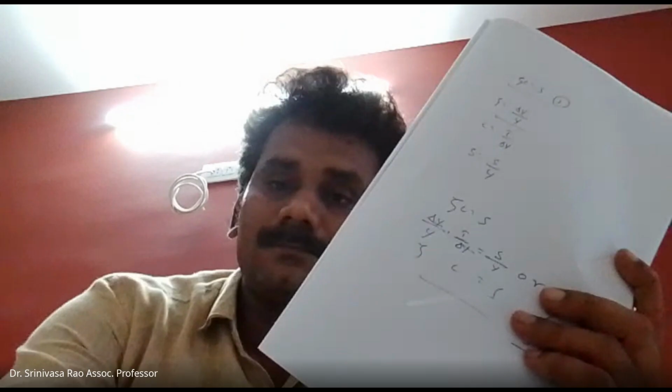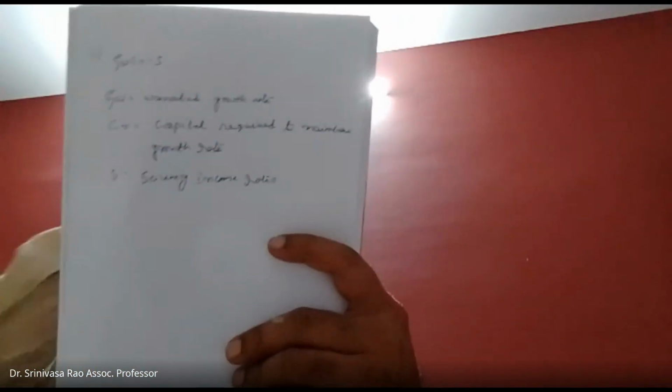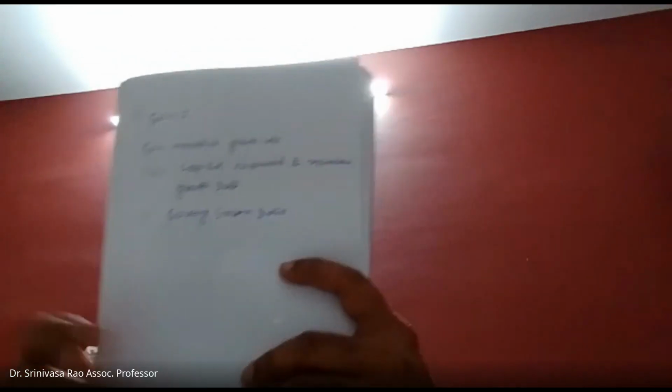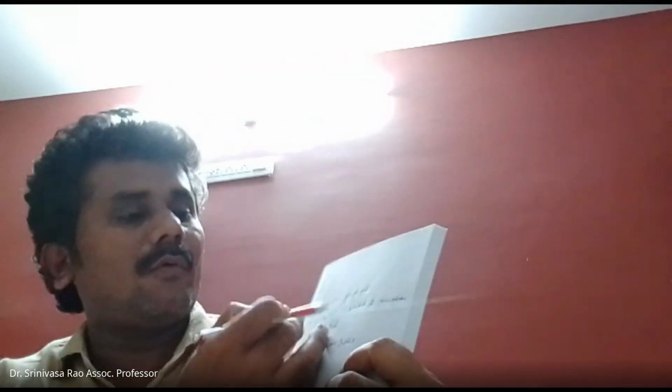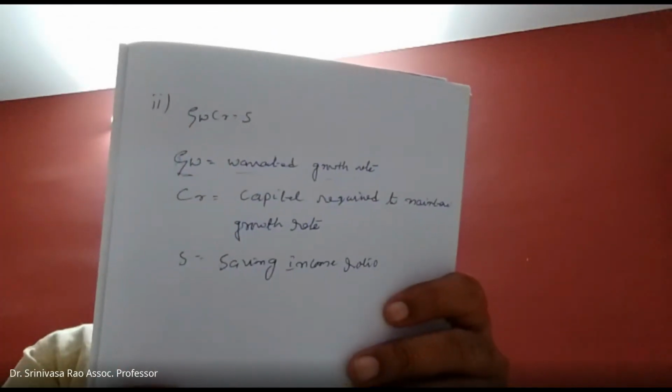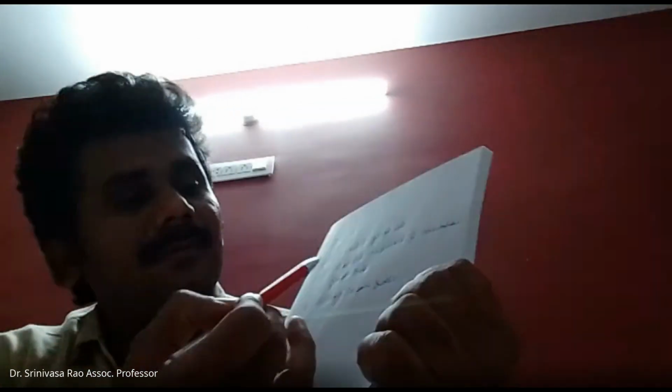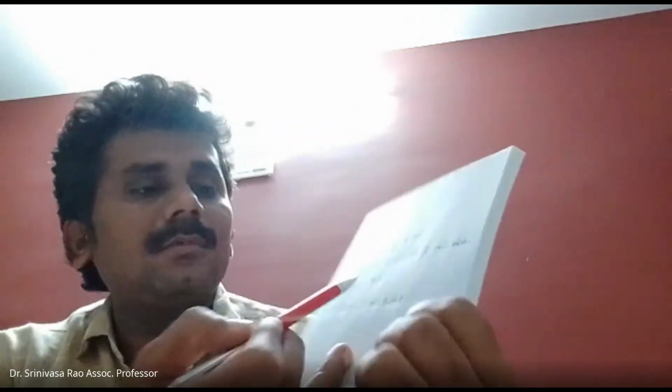Warranted growth rate can be written as GW CR is equal to S. GW represents warranted growth rate. CR represents capital required to maintain growth rate.